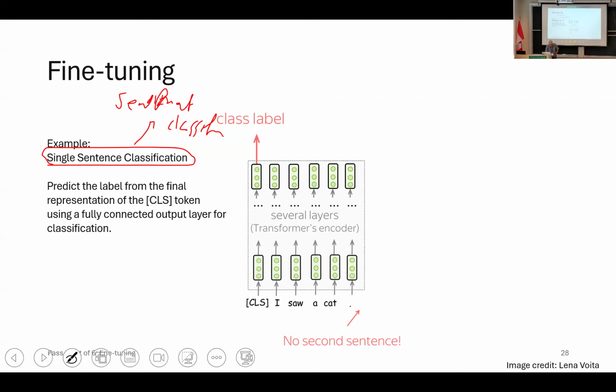But also, you can use a version of BERT that is already fine-tuned for sentiment classification, if it is in the same language as the language of the data you have. So for the fine-tuning, they gave the input like this: I saw a cat, and the very first vector was used for comparing it to the class label.